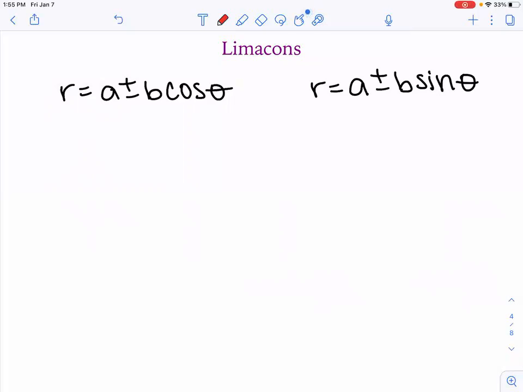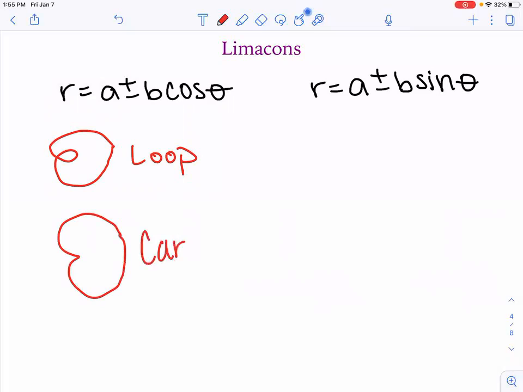All right, so in this case, we have four different kinds of limaçons. We have a limaçon with a loop. We have a limaçon that looks like a heart, a cardioid.